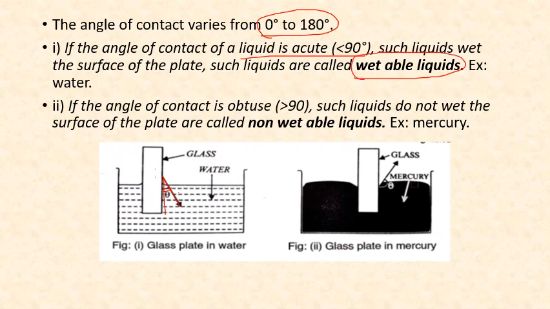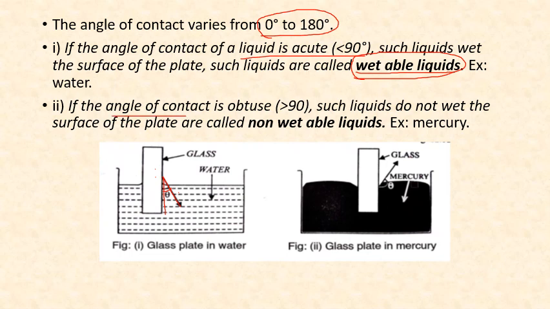That means liquids whose angle of contact is less than 90 degrees come under wettable liquids. When you touch these liquids, you feel wetness. When you touch water, you feel wetness, because the angle of contact for water is less than 90 degrees.